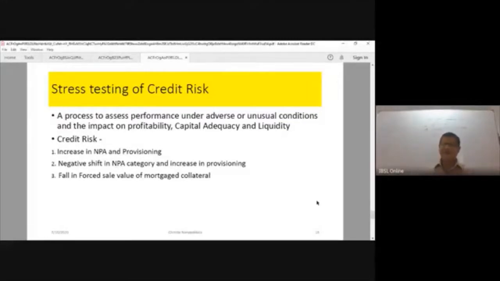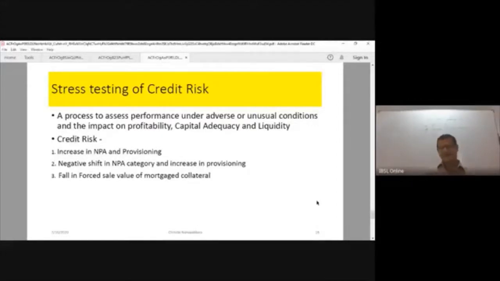Those reserves will add up to the equity, and the capital adequacy will improve. To improve capital adequacy, there are two things: either you must bring in capital or you must increase your profitability. So when profitability gets affected due to credit risk, your capital adequacy will get affected.